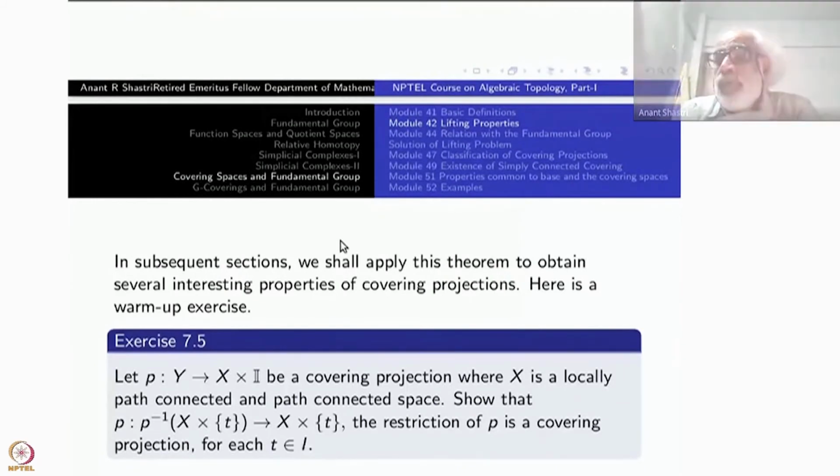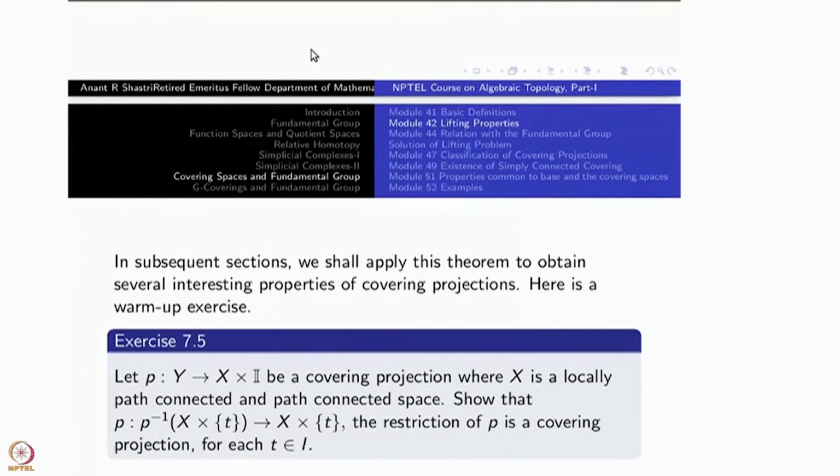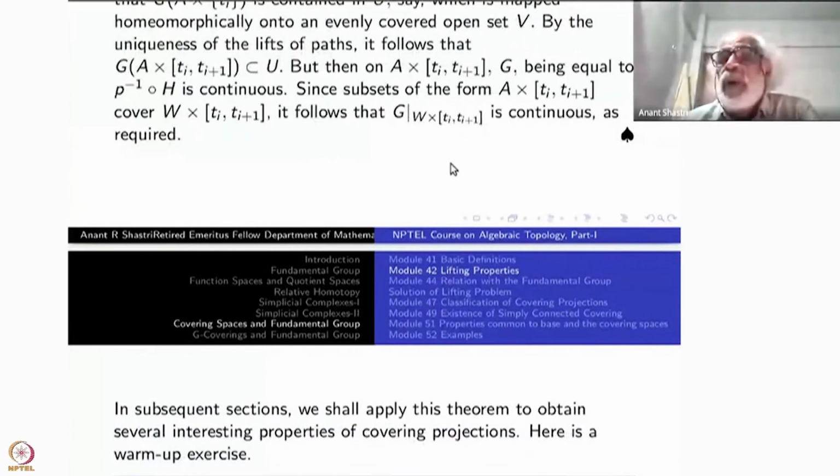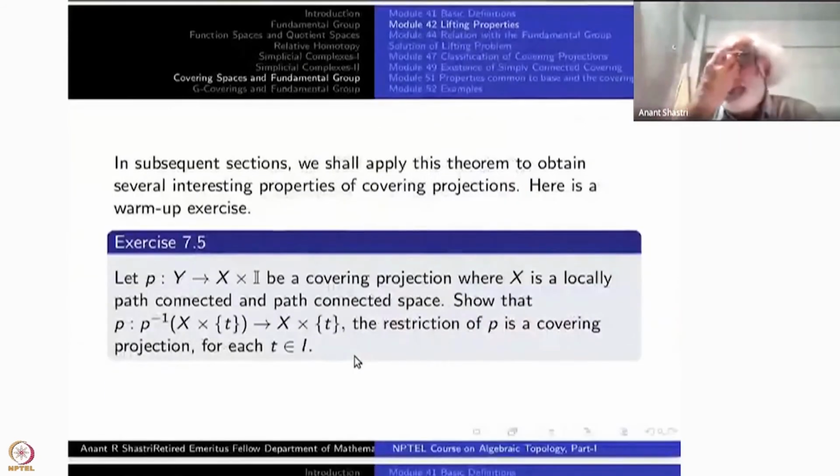The fundamental result is that from any space Y, a homotopy of one of the maps can be lifted, the whole entire homotopy can be lifted. The homotopy lifting property of the covering projection. Okay, this will be used again and again. So let us look at this exercise.